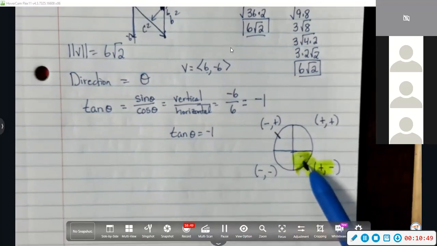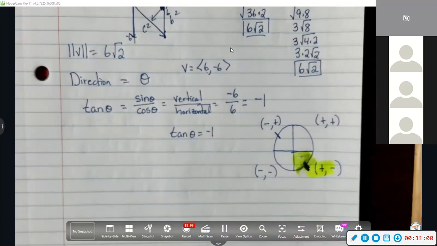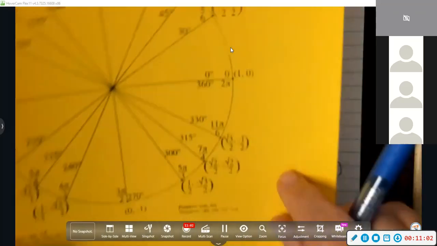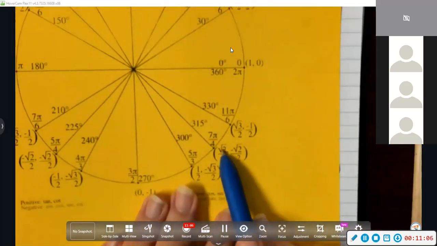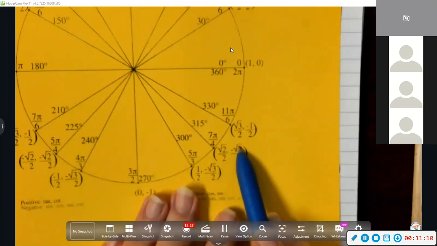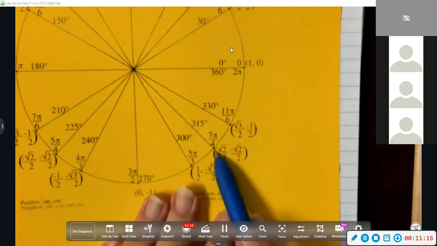So where in the fourth quadrant is tangent -1? That's going to happen when sine and cosine have the same value, but opposite signs. It's on your unit circle. If you take square root of 2 over 2 and divide it by negative square root of 2 over 2, aren't you going to get -1? So that's 7 pi over 4.